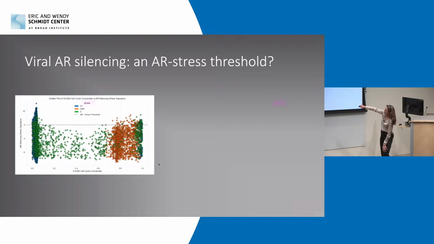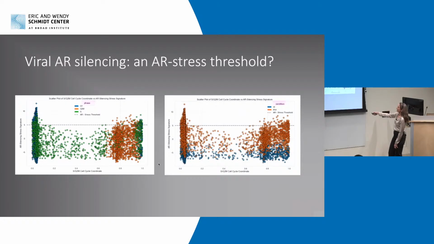On the y-axis, I'm looking at the extent of the stress coming from the AR silencing. We have the different phases measured here: everything in blue is G1, orange is G2M, and green is S. That's just showing me where I am in the phase.